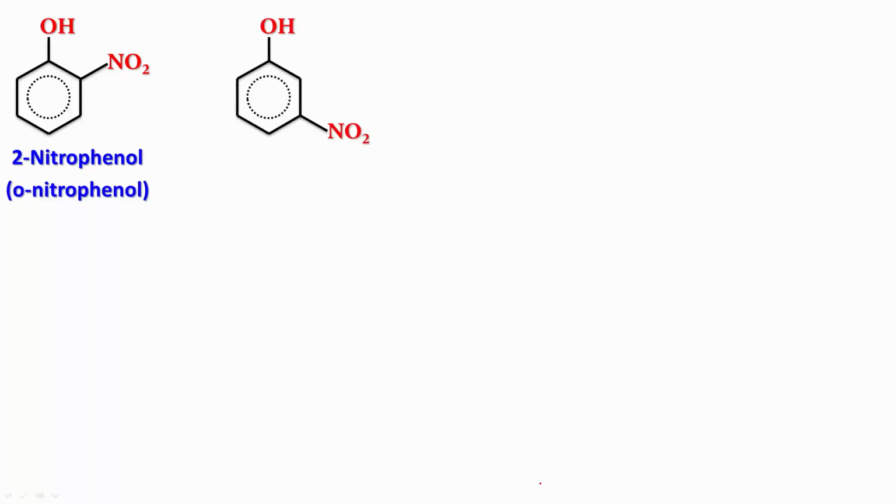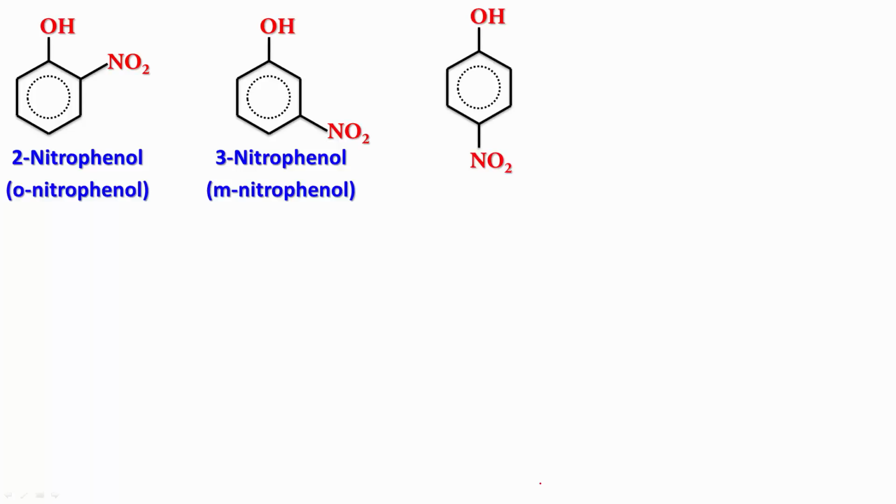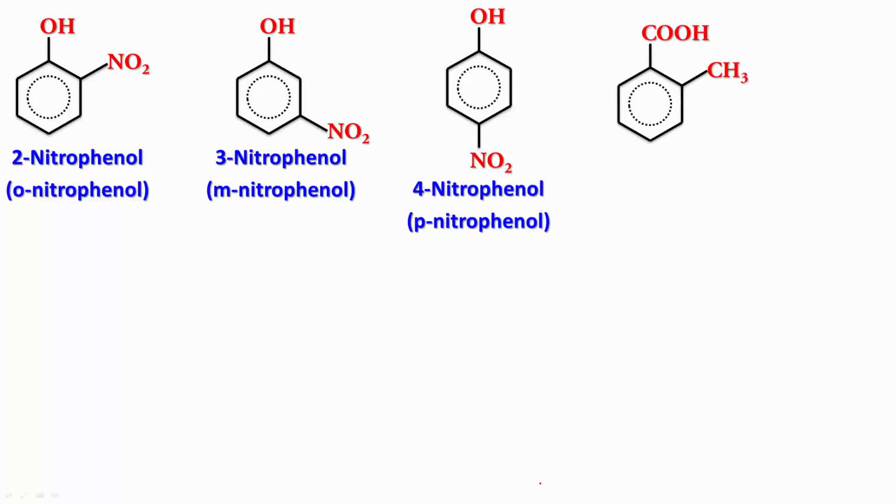This is going to be a sitter. This is 3-nitrophenol or metanitrophenol. And what would you call this one? Simple, 4-nitrophenol or paranitrophenol. Try this one. It's benzoic acid. So it's 2-methyl benzoic acid or orthomethyl benzoic acid.